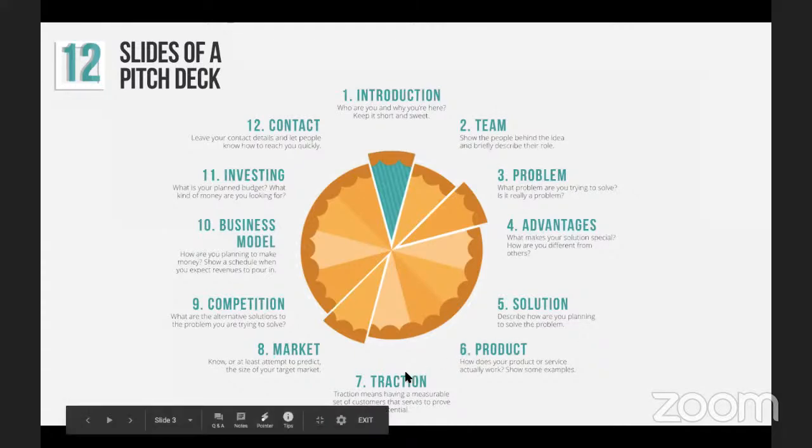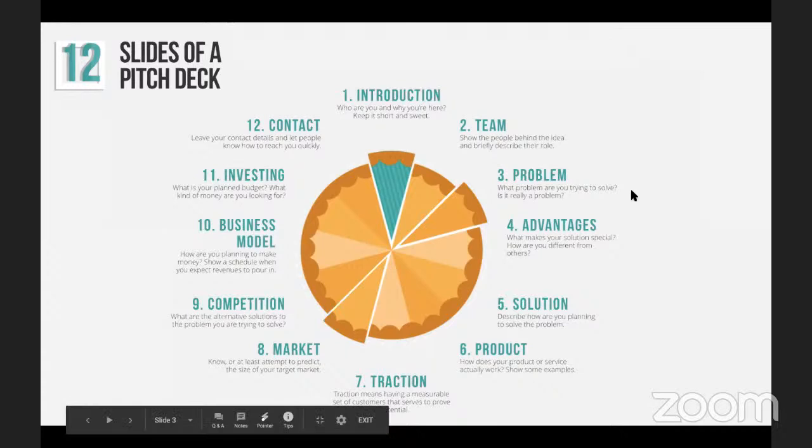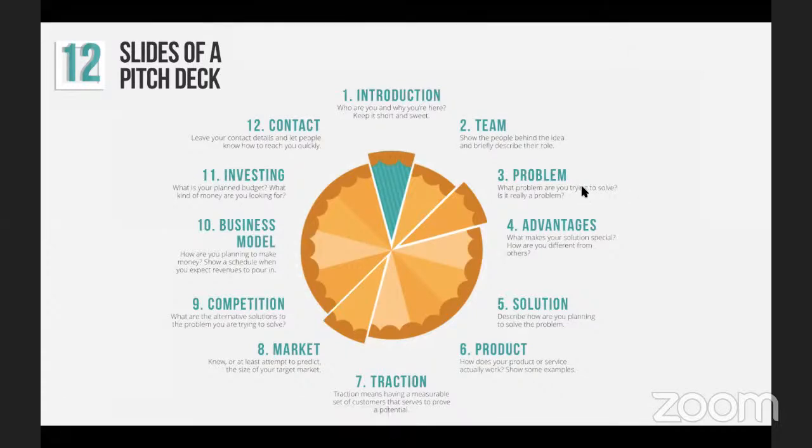And the next slide, but just before I move on, we're jumping back to the solution for a quick second. It is said that if you are able to tell the problem that your business solves in about 10 words or less, then you have mastered the art of an elevator pitch.